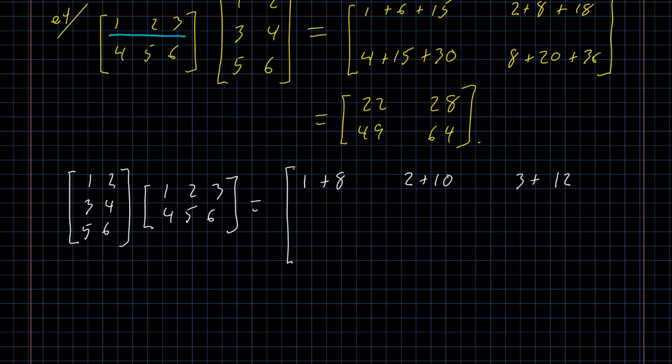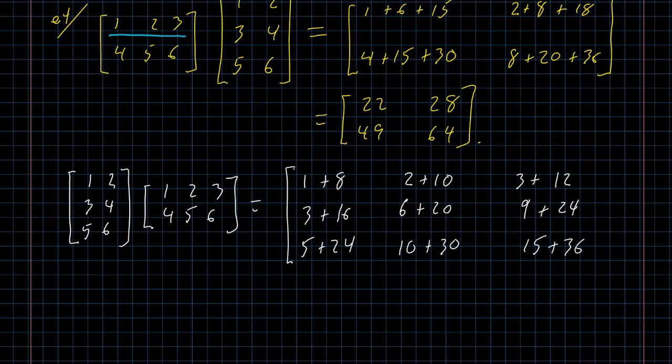Second row, 3 plus 16, 6 plus 20, 9 plus 24. The third row, 5 plus 24, 10 plus 30, 15 plus 36.